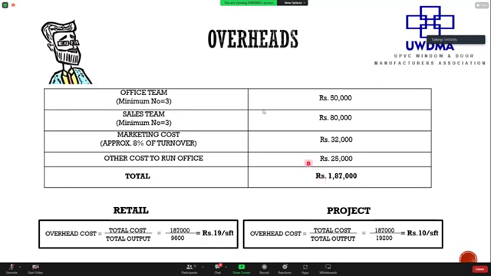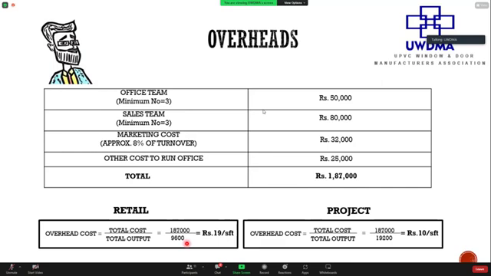So what we have done: firstly we calculated our fabrication cost, now we are calculating our overhead cost. Whatever the sum is coming, it depends on your expenditures. So whatever sum is coming, we are dividing it by 9600 here.